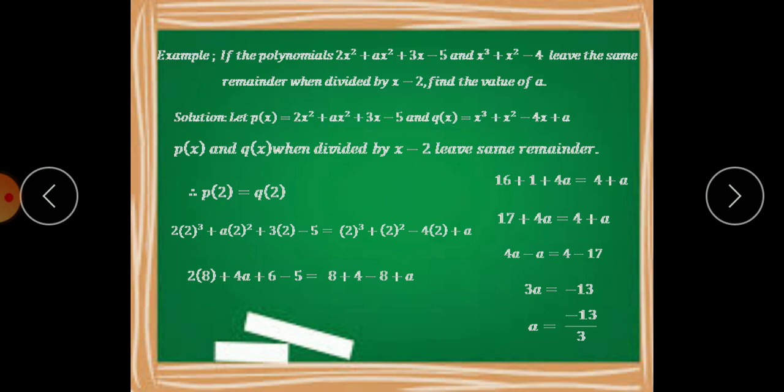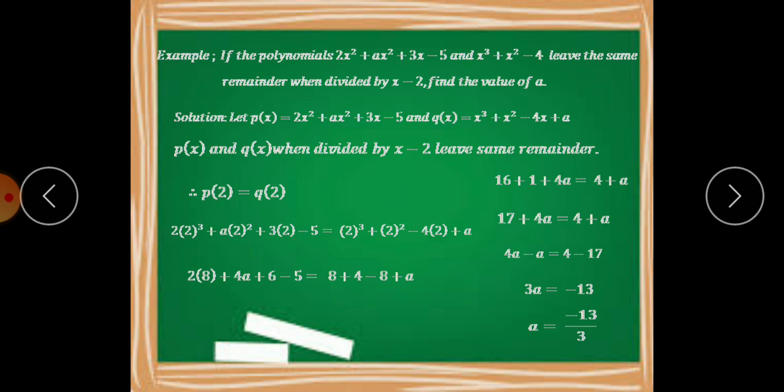Let us assume the first polynomial to be P(x) and the second polynomial to be Q(x). Then the remainders will be, the variable will be replaced by the 0 of the divisor. What is the 0 of the divisor x minus 2? Yes, it is 2.